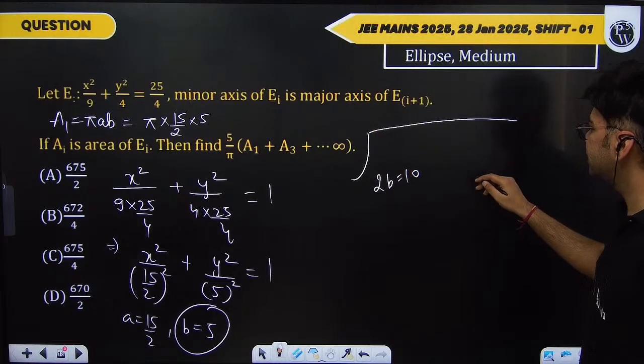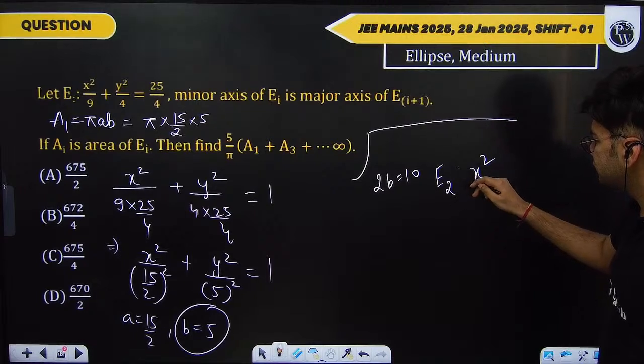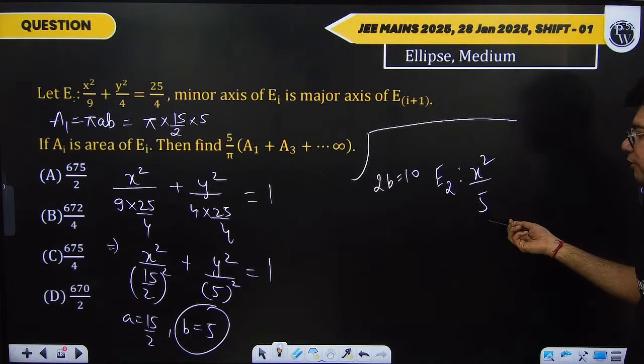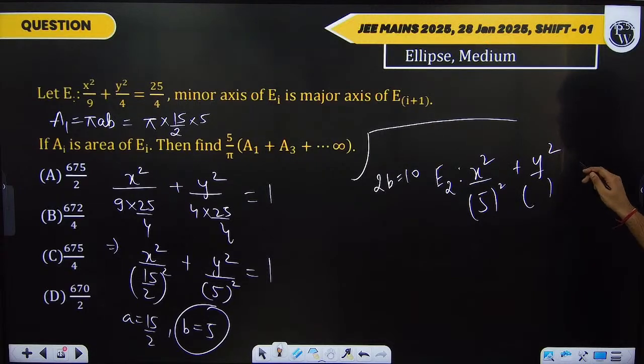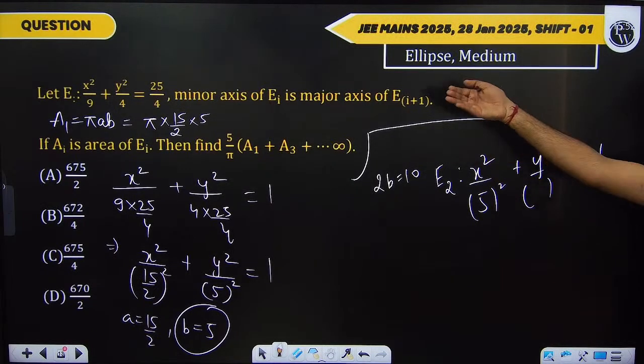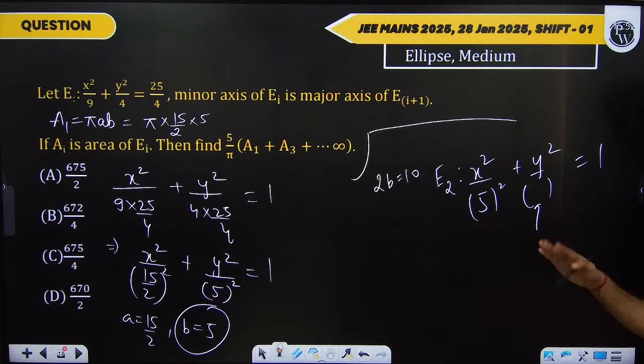So that means in case of equation of E2, we'll get something like this: x square upon 5 square plus y square upon something is equal to 1. Now, in order to find the minor axis of E2, some information must be given so that you can find this out. Once this information is known, then you can find out all the areas of respective ellipse, then you can solve this question.